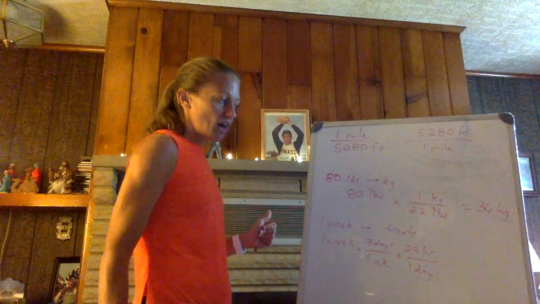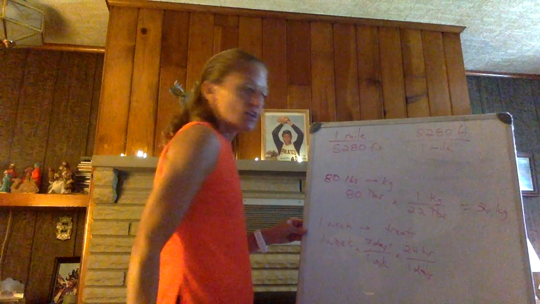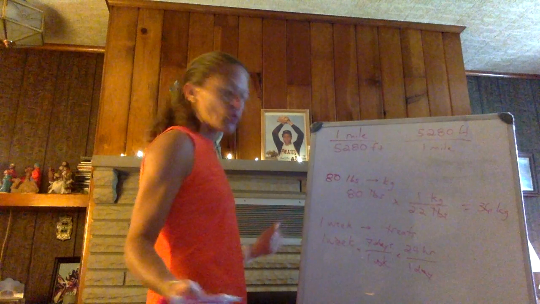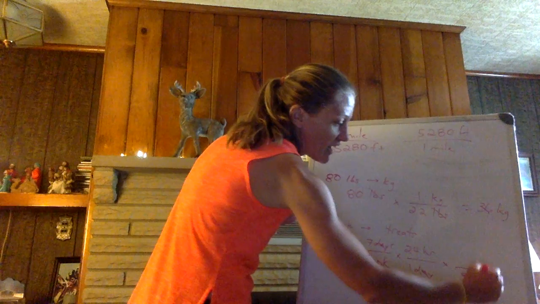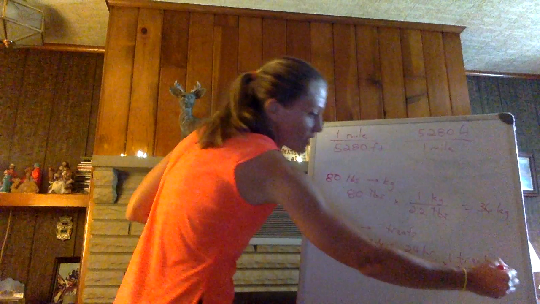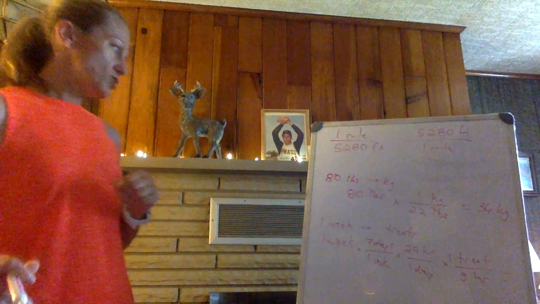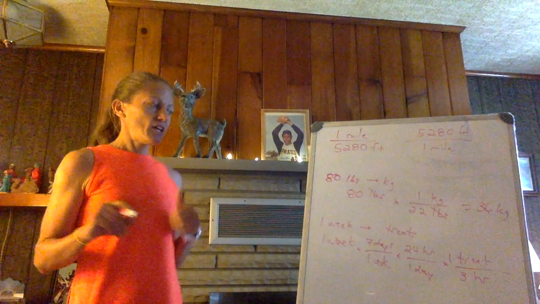Okay, that's cool. I'm getting somewhere. Weeks cancels, days cancels, and I'm down to how many hours are in a week. And I know that every 3 hours, she gets a treat. So, when I multiply across the top, 1 times 7 times 24, I won't even need the 1. 7 times 24 divided by 3 will give me my answer.